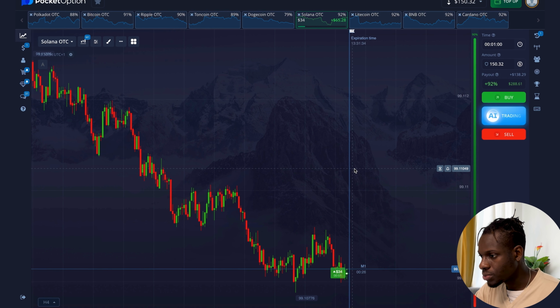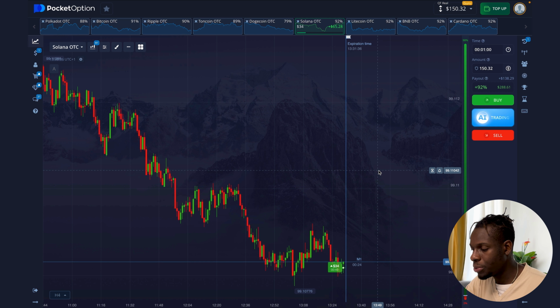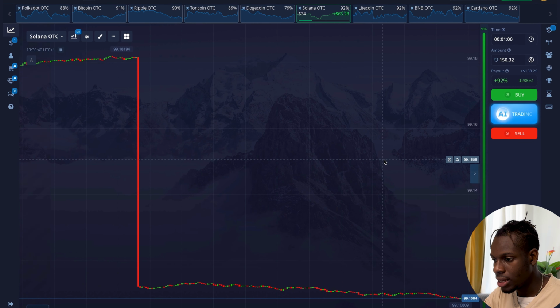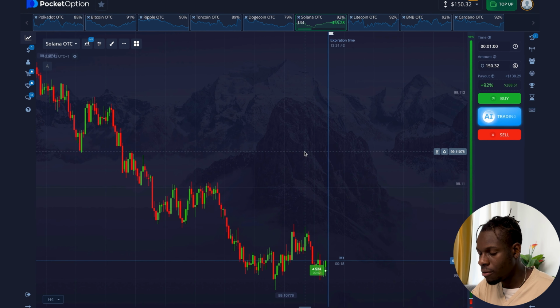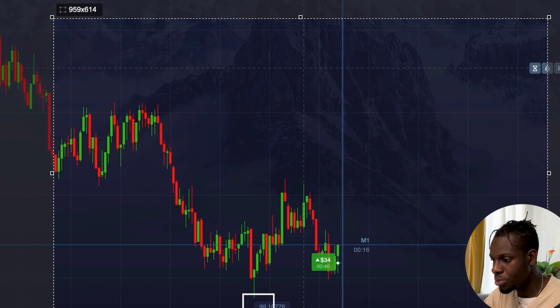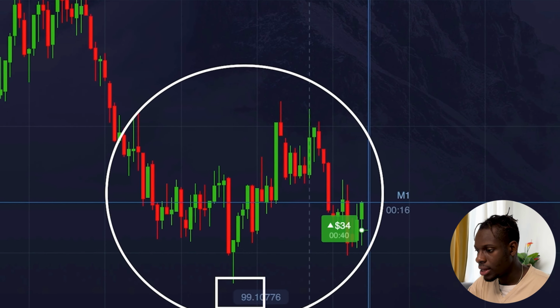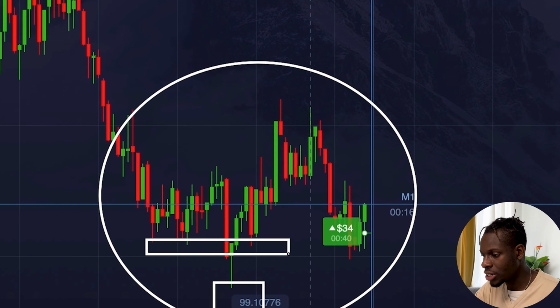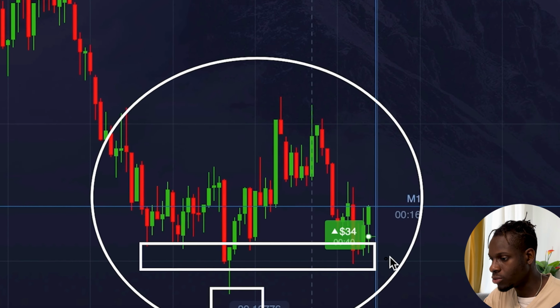Okay, so let's analyze this. Right now, we can see that we're in a downtrend, first of all, and this is a very confident downtrend, and we have formed over here actually a global structural minimum. Okay, and around this area, we can also see the wicks and the rejection levels around this whole area of support.